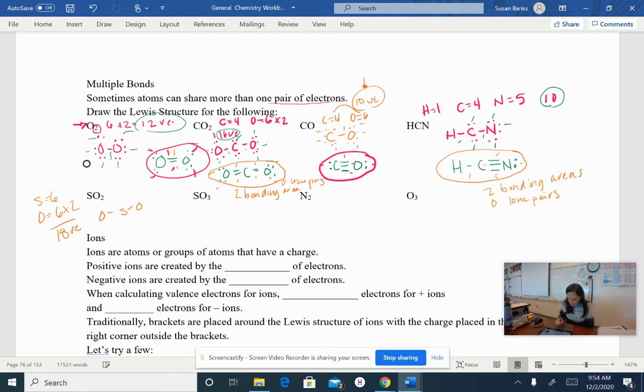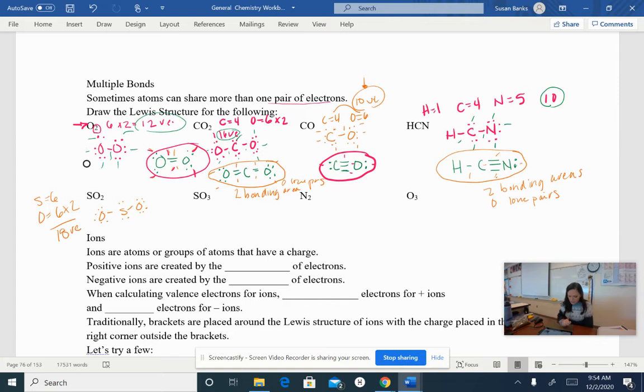The oxygens have 1 bond, so they have 2 electrons, so I'm going to put 3 lone pairs around the oxygens to give them a total of 8. The sulfur has 2 bonds, so it has 4 electrons that it can use. So I'm going to put 2 lone pairs on the sulfur to satisfy its octet.